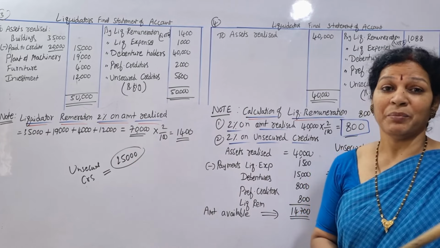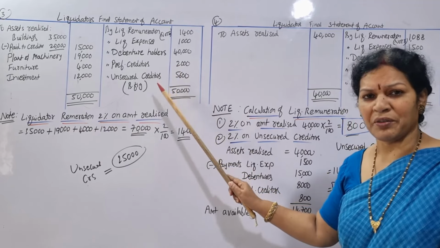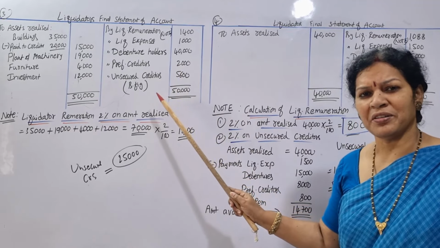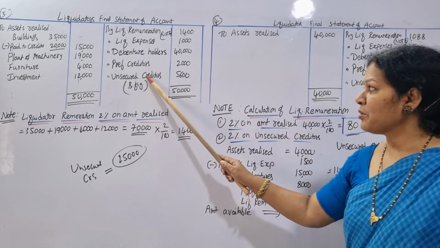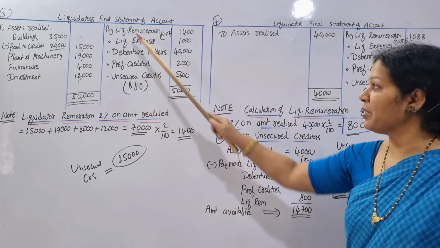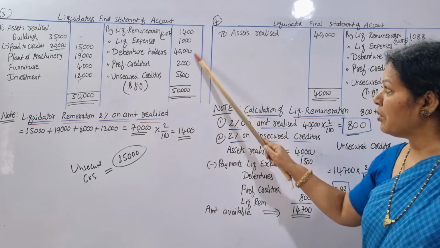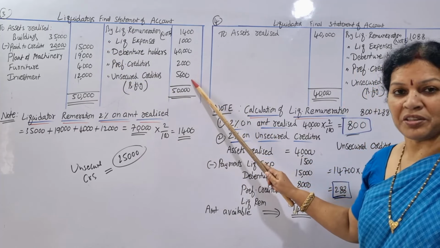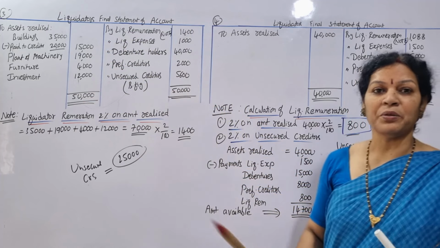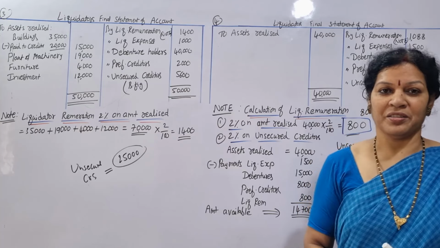We have to pay 25,000, but we have only this amount left. Let us pay whatever is left, right? So unsecured creditors 5,600. Balancing figure means 50,000 minus all these four amounts, you got 5,600. 5,600 is paid to the unsecured creditors.